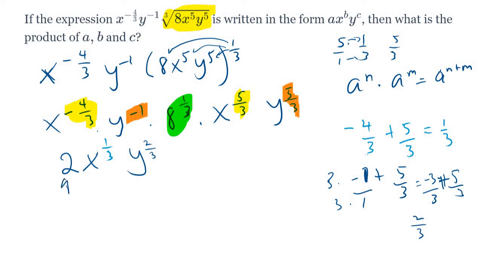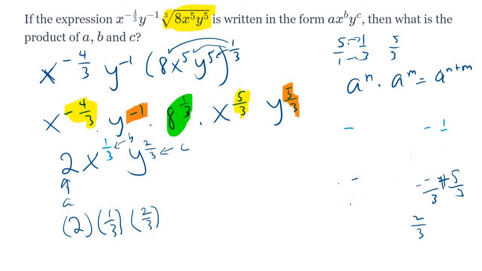This is my A, and this is my B, and this is my C. So we're going to multiply all those together. So that will be 2 times 1/3 times 2/3. Okay, so it's easier to, let's remove this scratch work.